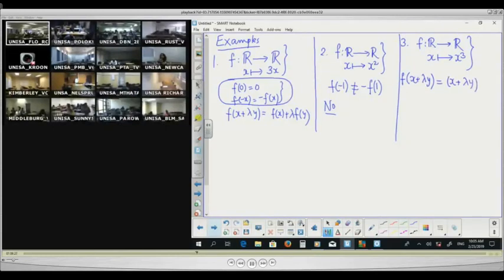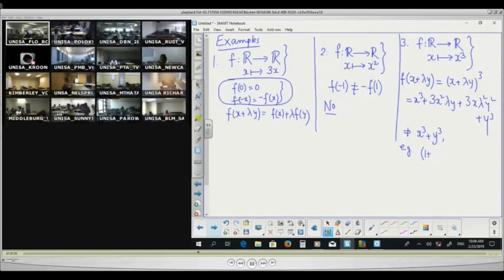Let's look into this. F of x plus lambda times y, which is f of x plus lambda y cubed. This I know. Okay?